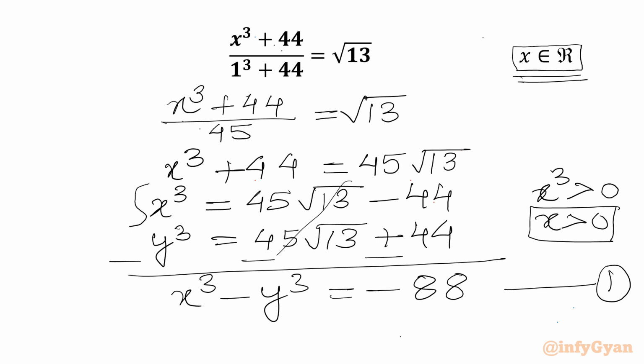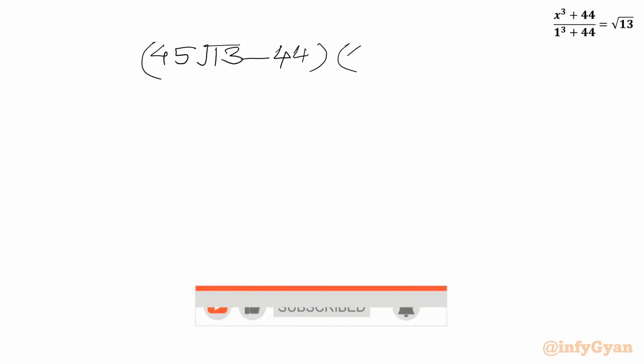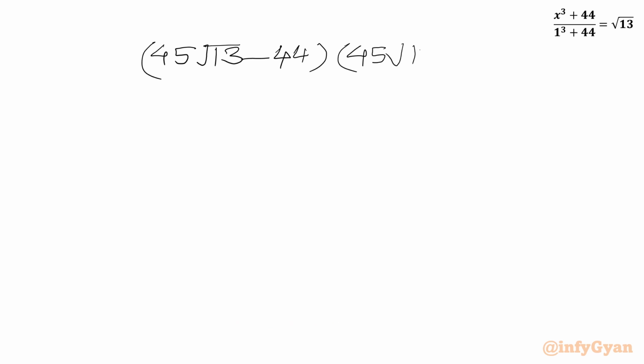Now I will multiply these two, x³ with y³. So I will be writing (45√13 − 44) times (45√13 + 44).